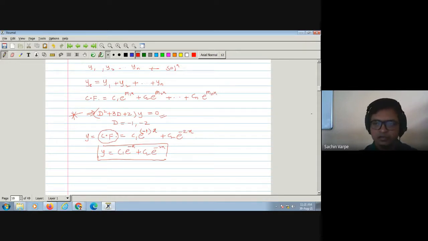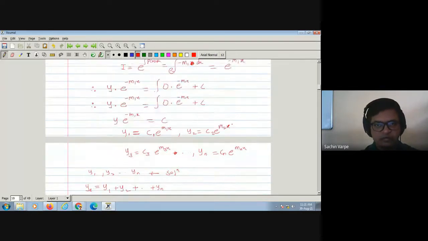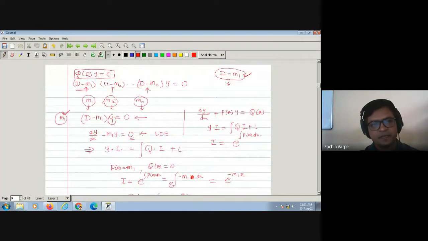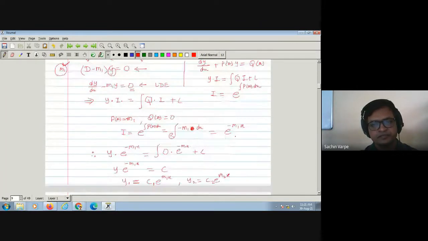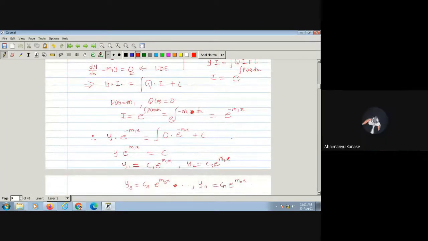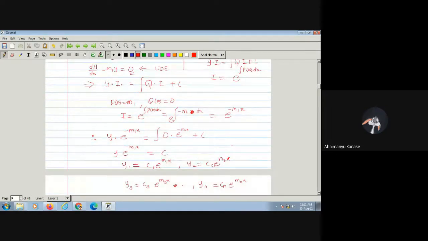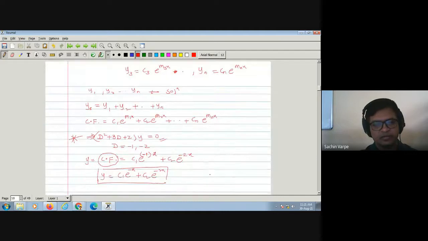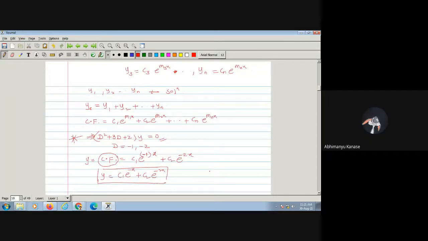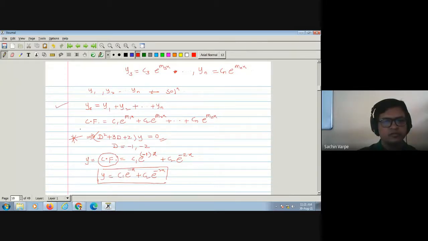Is this clear? So from where do I have to repeat? The CF part, which you explained for the example. Formula or example? The example. Check the third line from the top. Okay, this one.